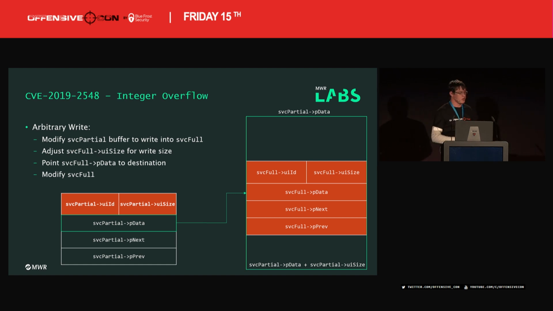So we modify the partial buffer to write into SVC full. We adjust SVC full's UI size and p-data through our partially controlled service buffer. And then finally we can update SVC full to write whatever we want, wherever we want.